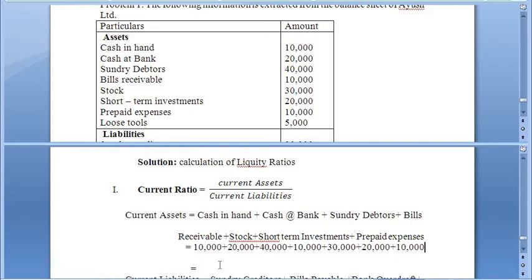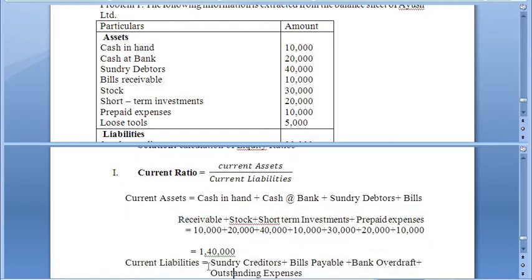Now make the total: 10,000 plus 20,000 plus 40,000 plus 10,000 plus 30,000 plus 20,000 and plus 10,000. So total it is 1,40,000. Okay, done. After current assets, next we have to find out the value of current liabilities.